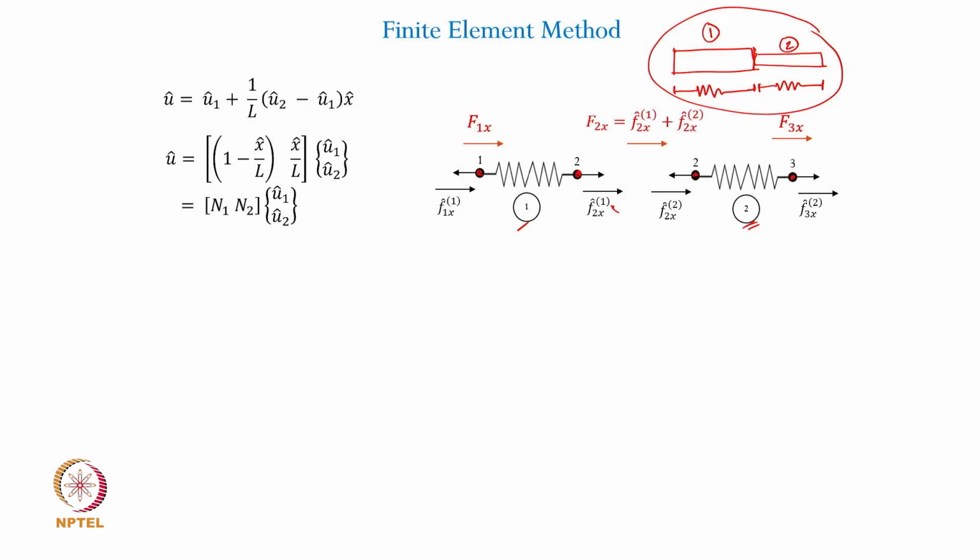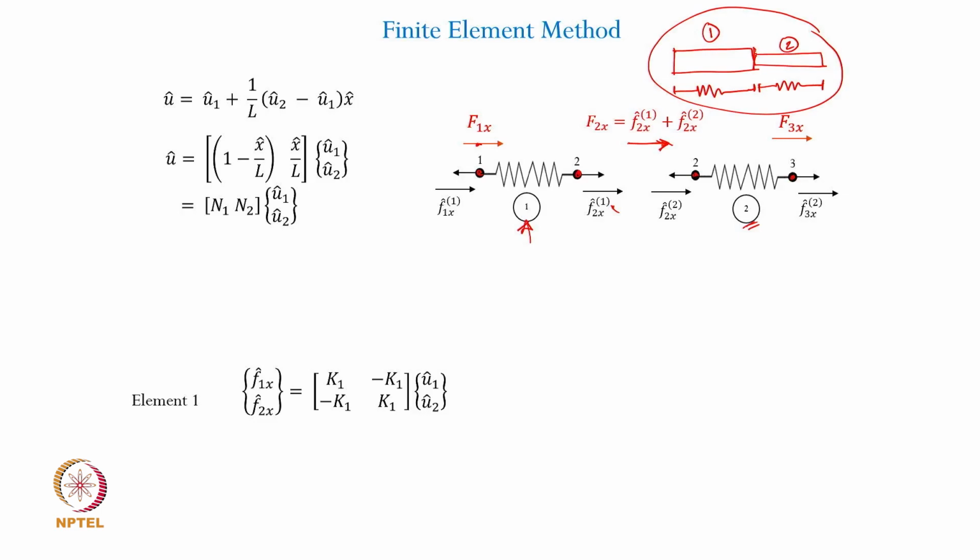We can obviously see that these forces in the global coordinates are going to be given as F1x at this global node position number 1. At position 2, it will be the summation of the two nodal forces F2x1 and F2x2. So, individual nodal forces get added here to generate F2x, and F3x is going to be equal to F3x cap 2.